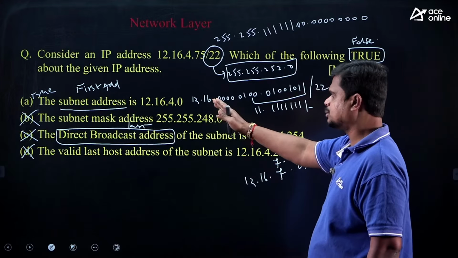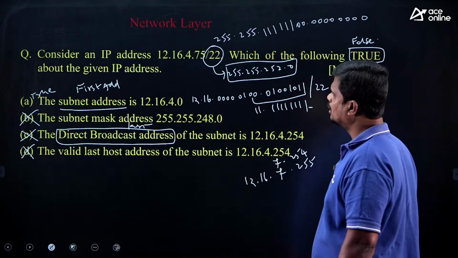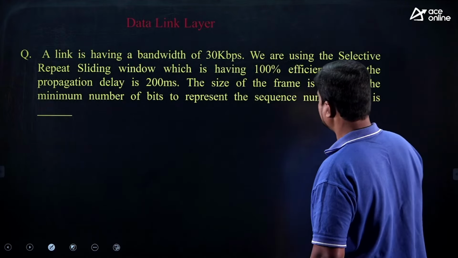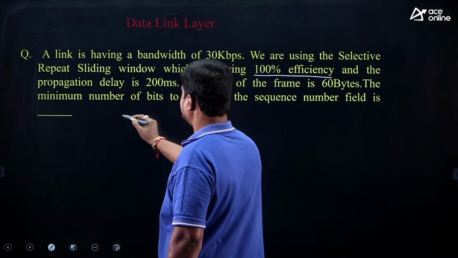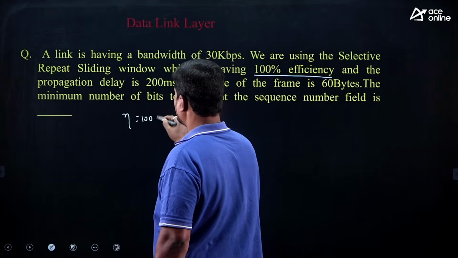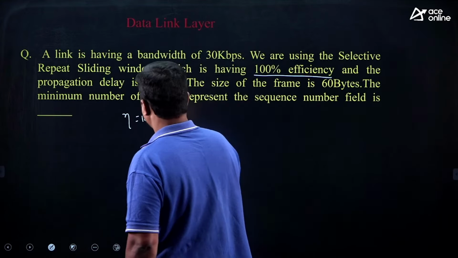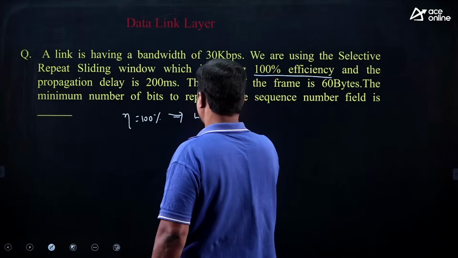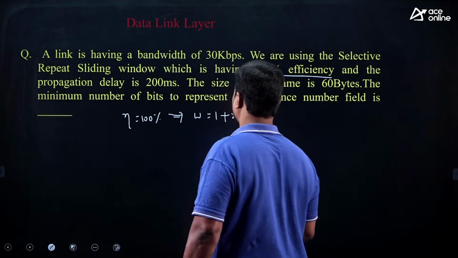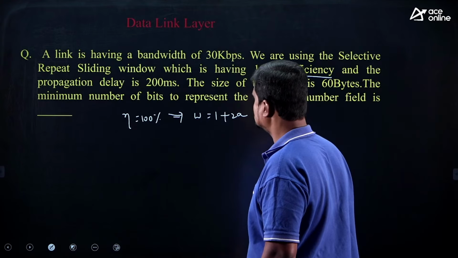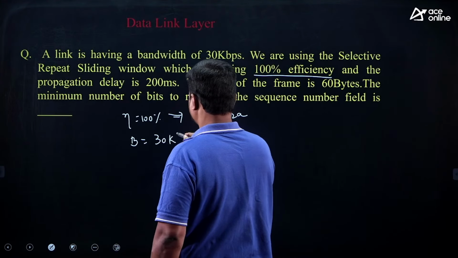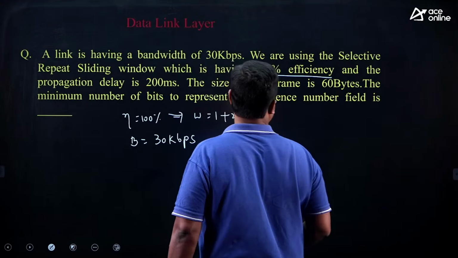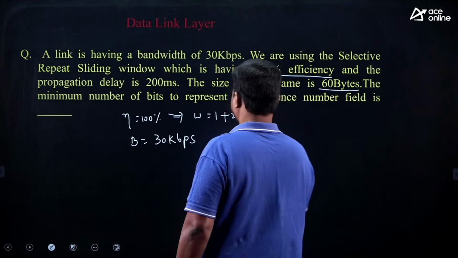The first statement is true here. Then look at this question. Efficiency is given as 100%. So if efficiency is 100%, then what is the condition you have? W is equal to 1 plus 2A in sliding window. Bandwidth is given as 30 kbps. Frame size is 60 bytes.